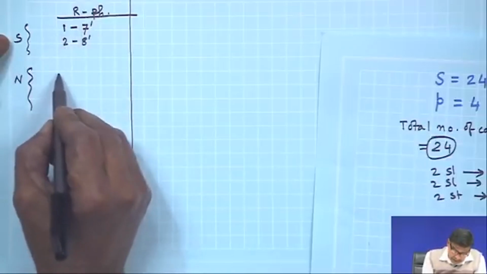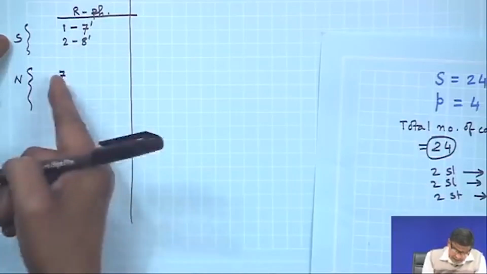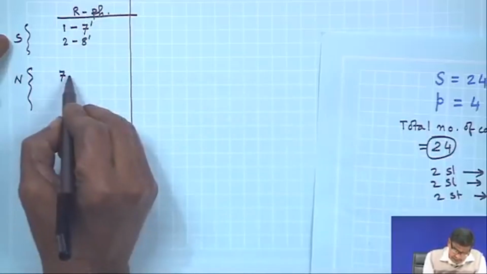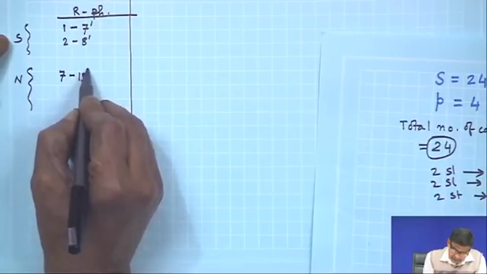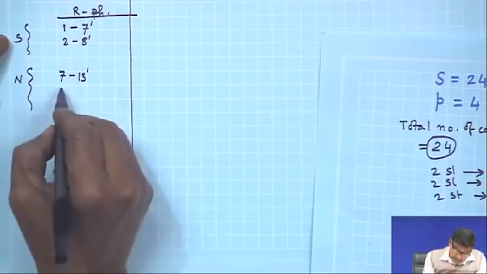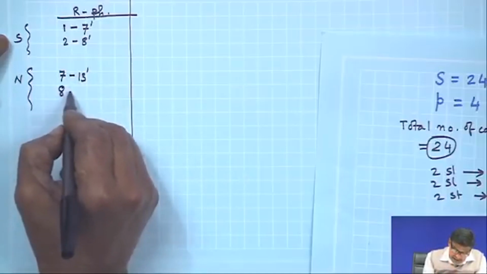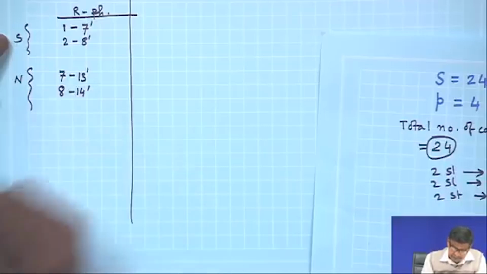So, the next one will start from 7 and then the coil span is 6. So, 7, 13 dashed, and then 8, 14 dashed.